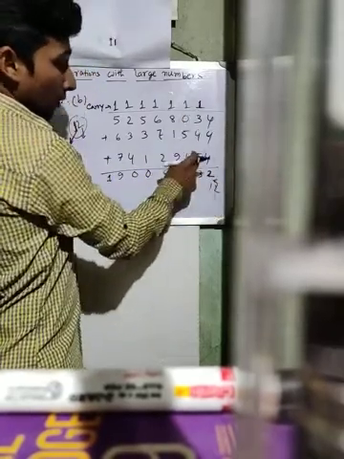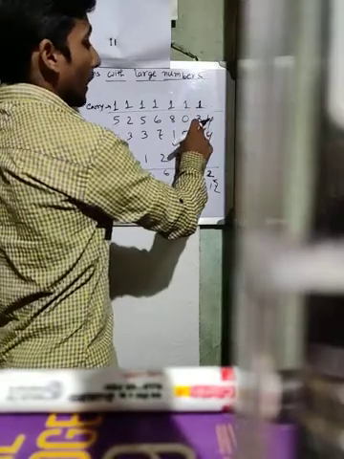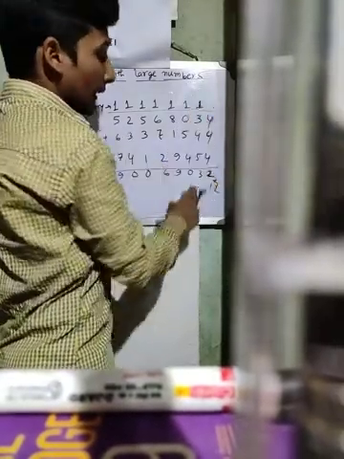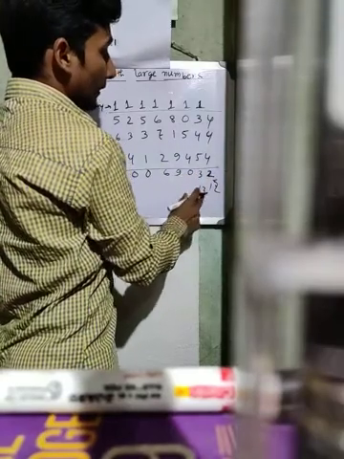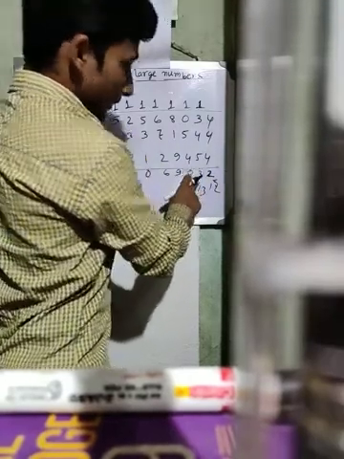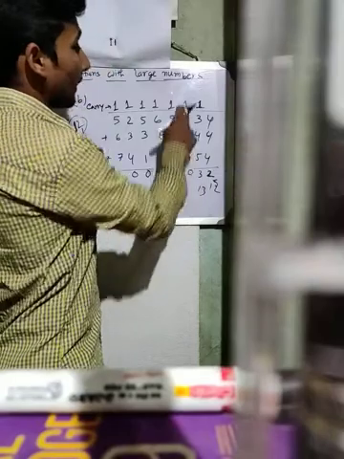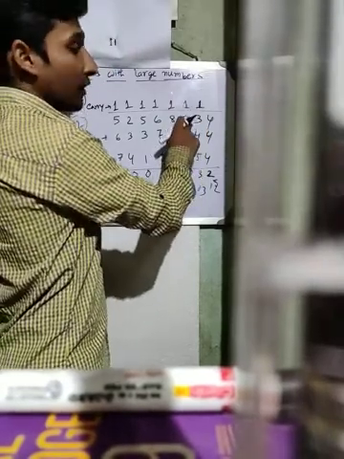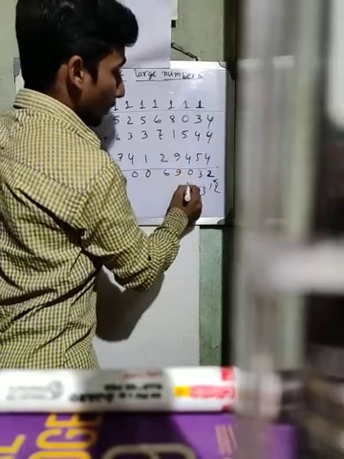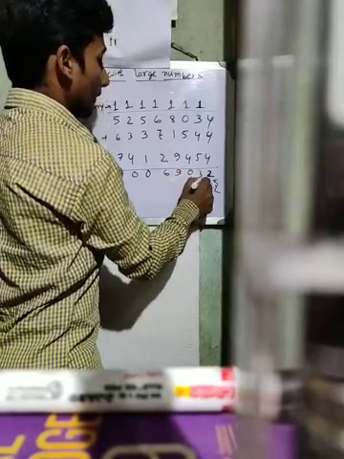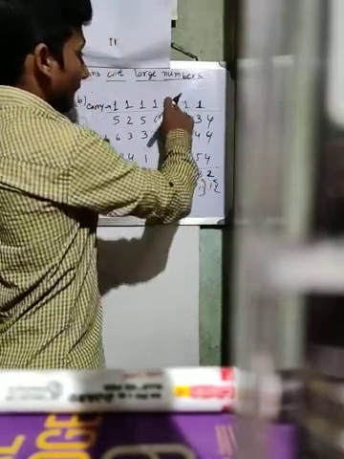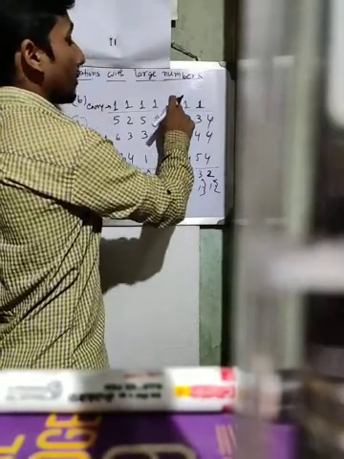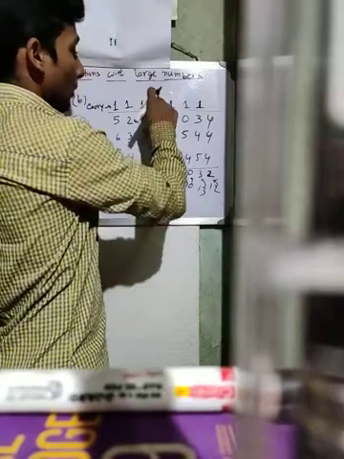Next, 4 plus 5 is 9, plus 0 is 9, plus 1 is 10. For 10, 0 will sit here and 1 will be the carry. Then 9 plus 1 is 10, plus 8 is 18, plus 1 is 19. 9 is written and 1 will be the carry.